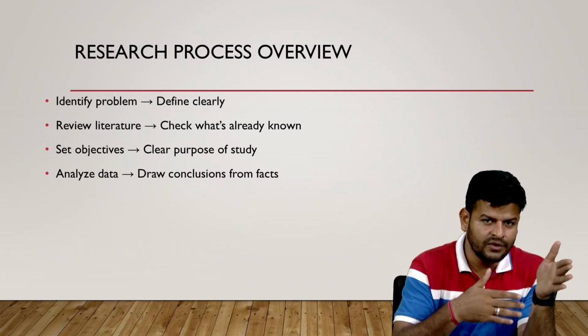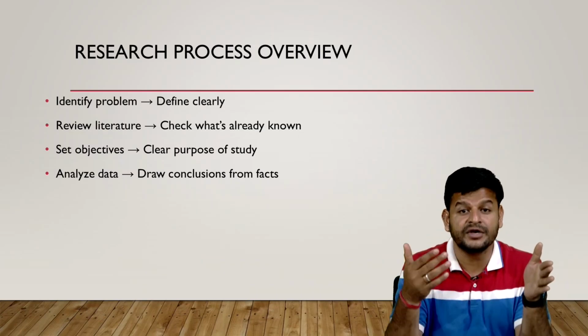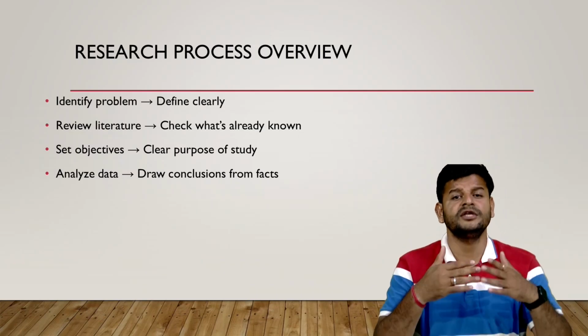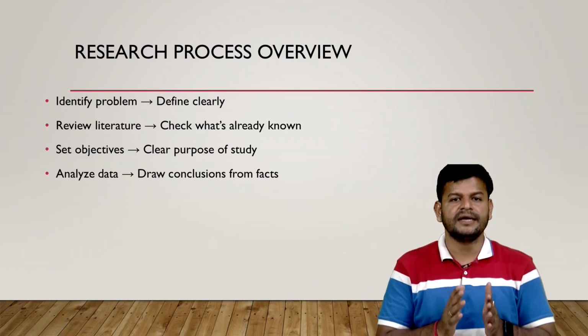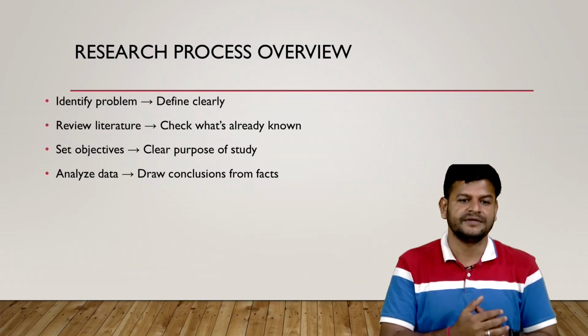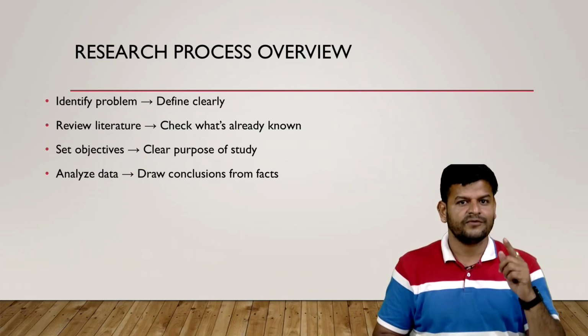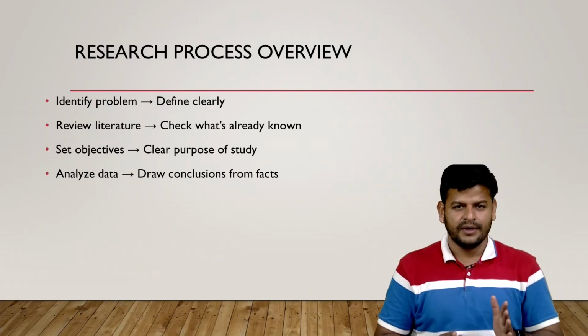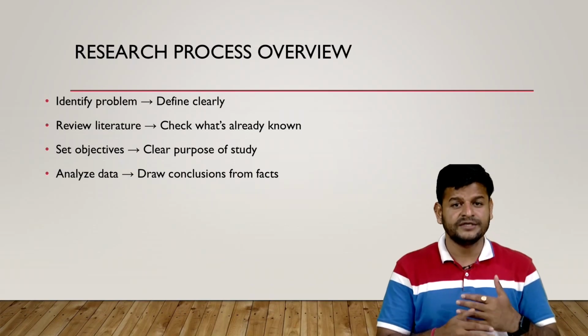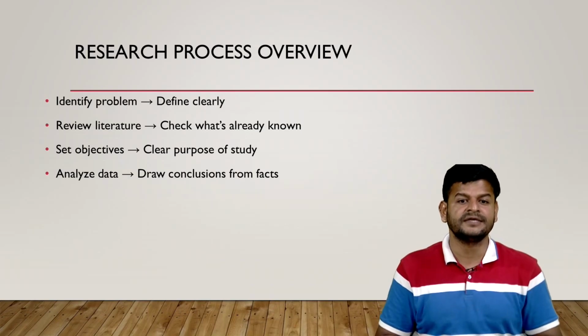If we go with Volvo, evening 7, next day 10 o'clock. Then we need to set our objectives, which clearly state the purpose of the study, and analyze data to draw a conclusion from facts. So, I hope I am clear over here about how the research flow and research process work.